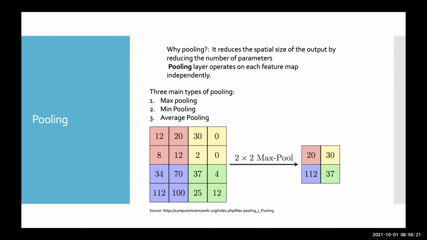One is max pooling. Max pooling is where you look at different regions of your image. For example, here we're looking at a 2x2 region. Unlike when we were using our kernel, where a stride might have made some convolutions overlap with others, these are separate regions.